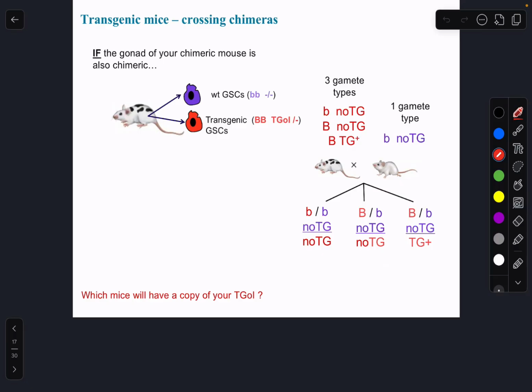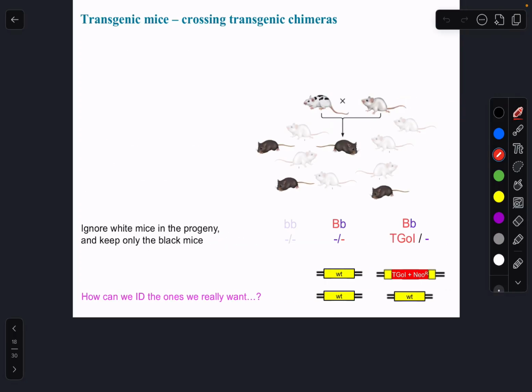The reason I stress that is because what you do is you let these mice mate, they will produce progeny, and if you're lucky, and that chimeric mouse had a chimeric gonad and produced some gametes with the black allele in them, now you will have some black mice in the progeny.